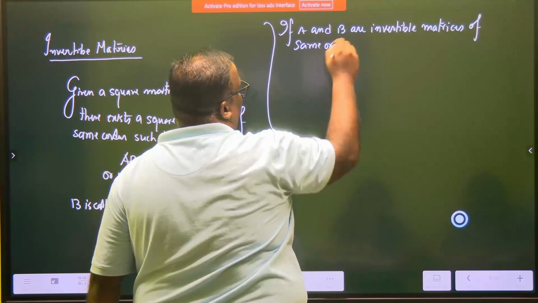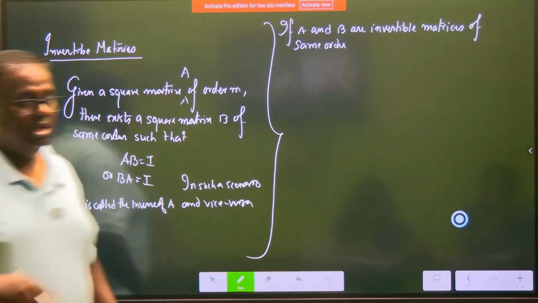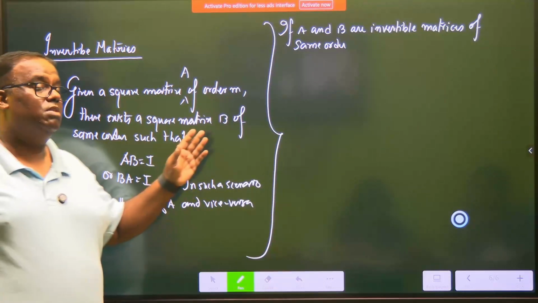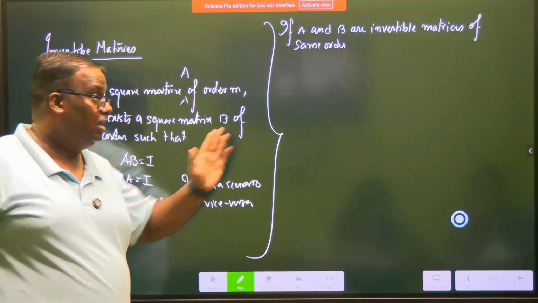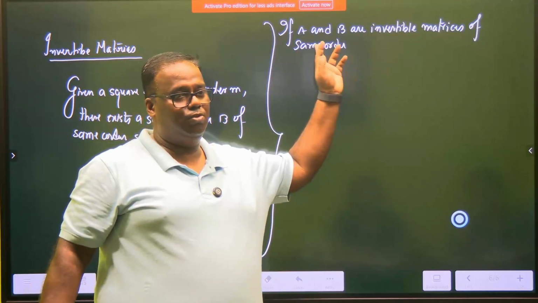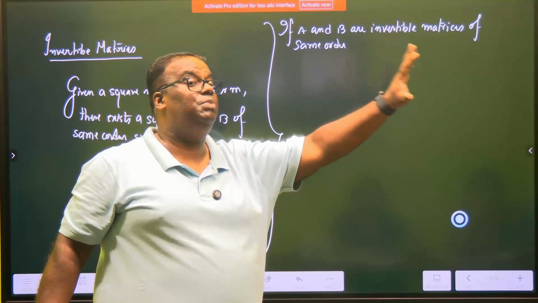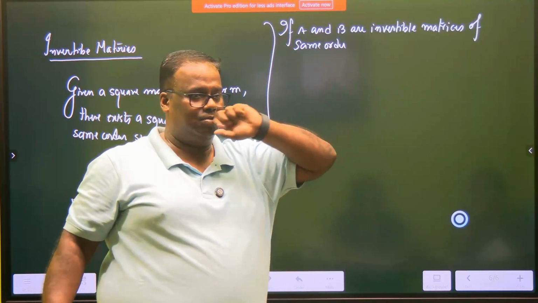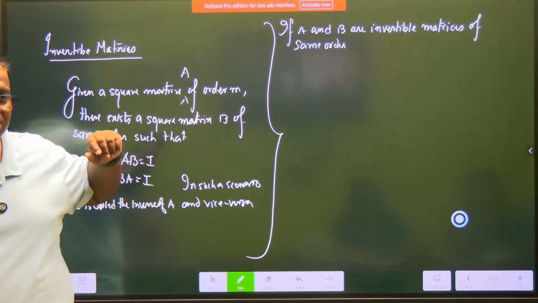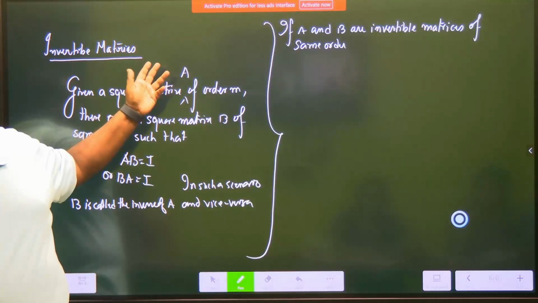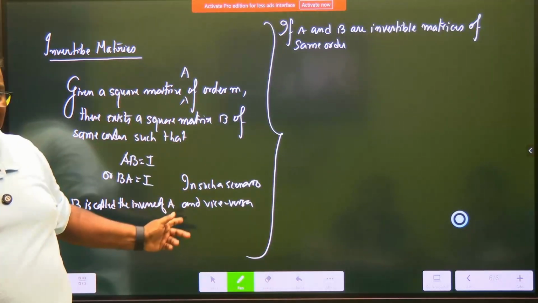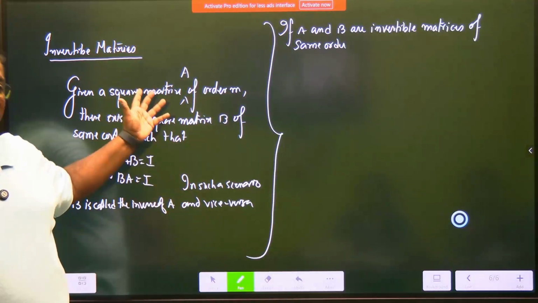I hope you all have been able to understand the difference between these two. What we have written here says B is the inverse of A. Here the criteria is not that B is the inverse of A. You have picked up two invertible matrices. What is an invertible matrix? A matrix whose inverse exists. As per this statement, A is the invertible matrix.